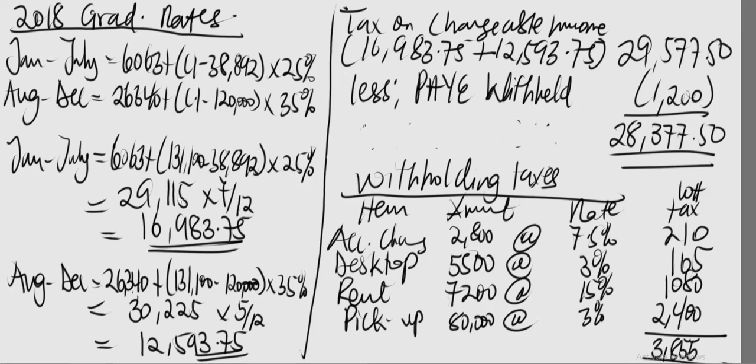So we can get the net withholding tax liability as well. The net withholding tax liability will be the withholding tax payable, 3,855.